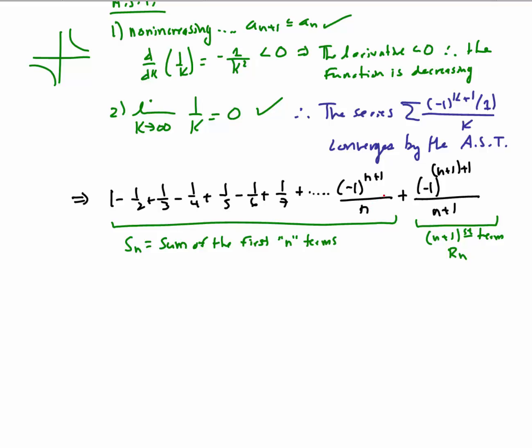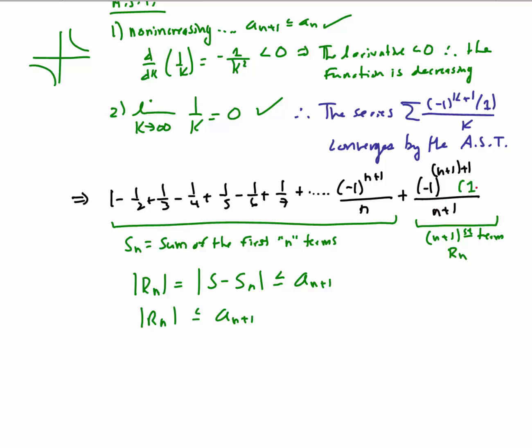So what we have then from our theorem up above that we were looking at is the magnitude, or the absolute value of R sub n, is equal to the partial sum minus S sub n. And we know that that has to be less than or equal to the a sub n plus 1 term. So R sub n, that's this value right here, that's 1 over n plus 1.